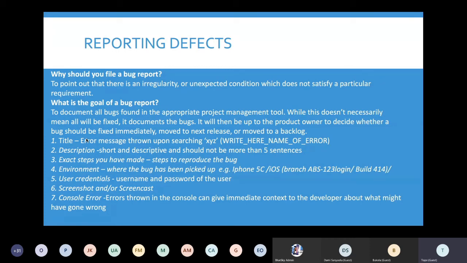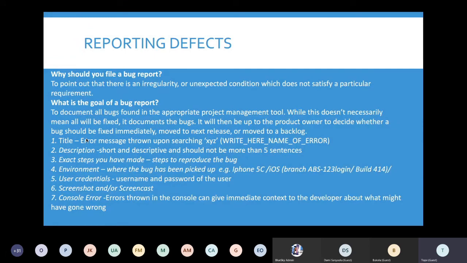When you are raising bugs, they have to be very descriptive. You have to have good titles, and a short description of what the bug is, steps to reproduce it, and the environments where you found the bug. For iPhone or a particular mobile operating system, you give the operating system and the device name.